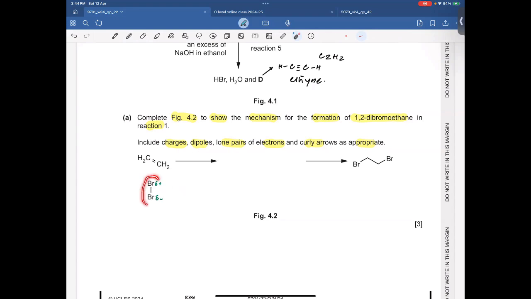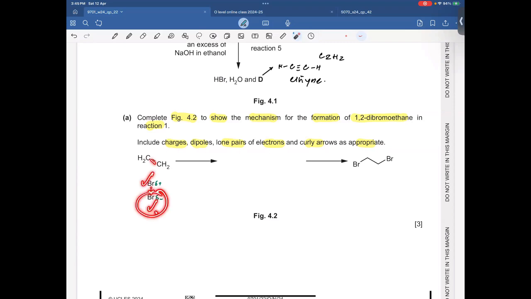As the bromine molecule comes close to this alkene, the bonded pair experiences repulsion because of the pi bond, and as a result the pi bond pushes the bonded pair towards this bromine atom. This bromine becomes electron rich, so it carries slight negative charge.